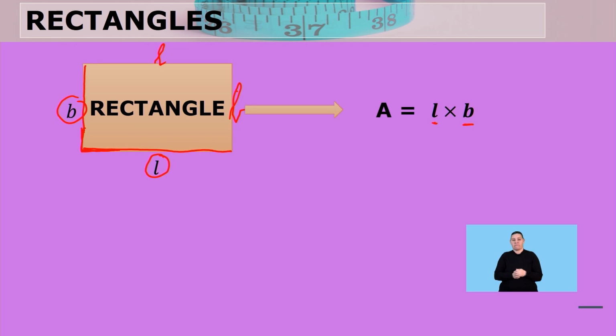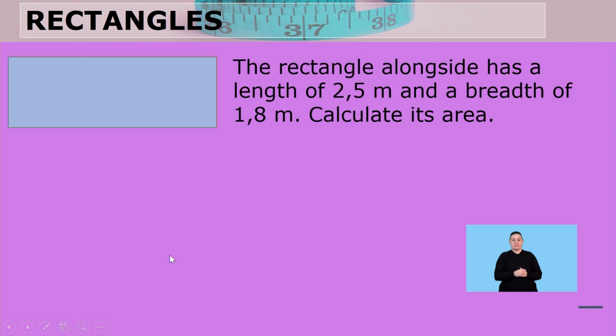Okay, let's just get that one showing you where the length comes from, where the breadth goes. All right, let's see what we've got to do here. The rectangle alongside has a length of 2.5 meters and a breadth of 1.8 meters. Calculate its area.